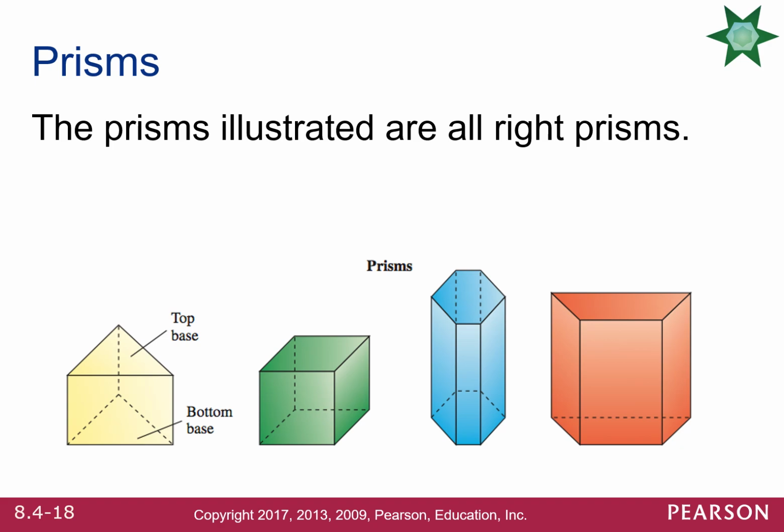So here are some figures of different types of prisms sitting on bases, and you will see that the bases are different polygonal shapes. The first one on the left hand side, which is a yellow prism, is sitting on a base which is triangular.